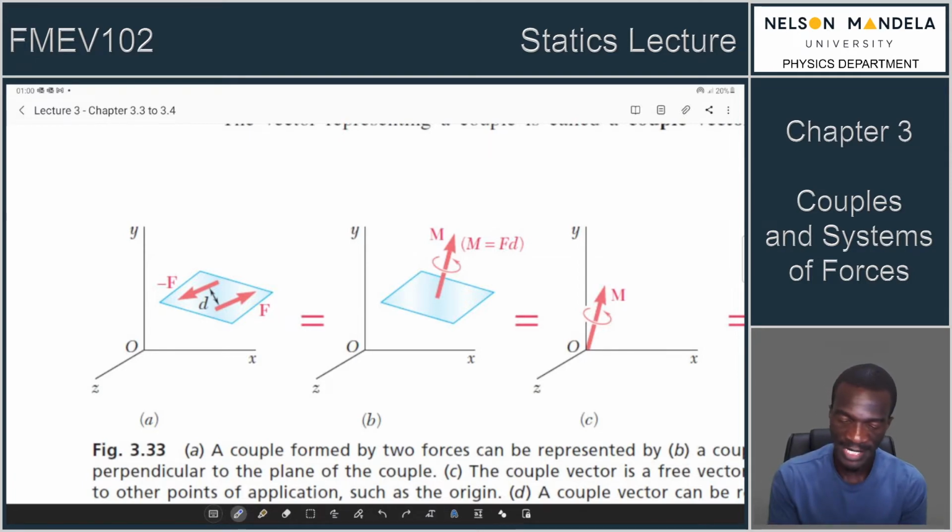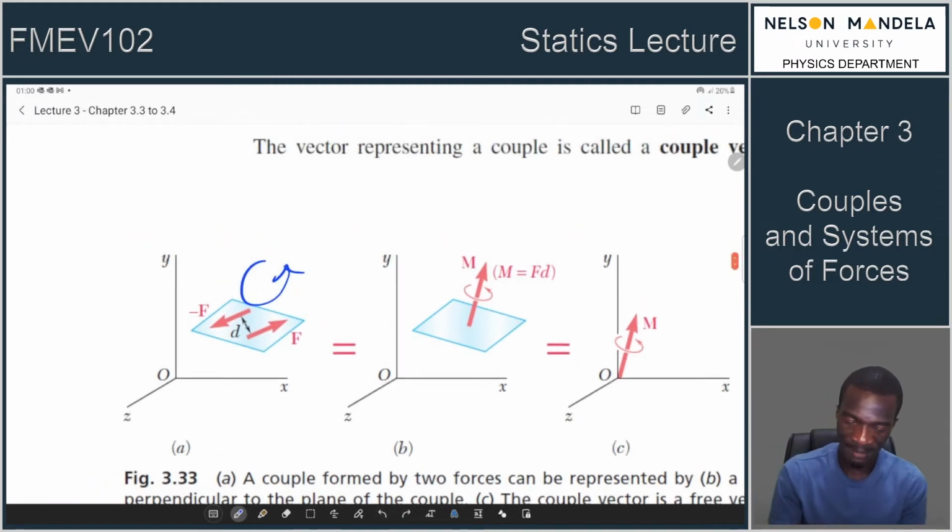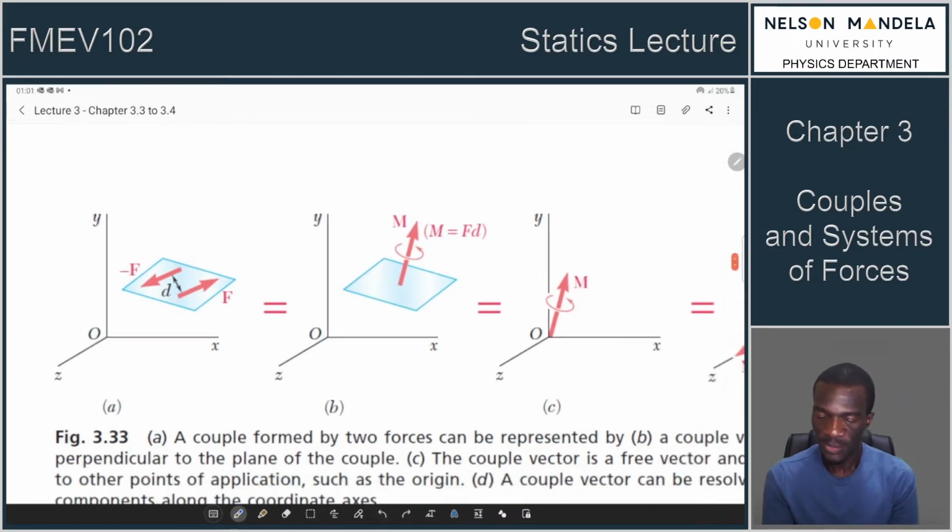The rotation sense of this couple is in the anti-clockwise direction about the y-axis. If it is slanted, then it's about whatever axis is going through that plane.